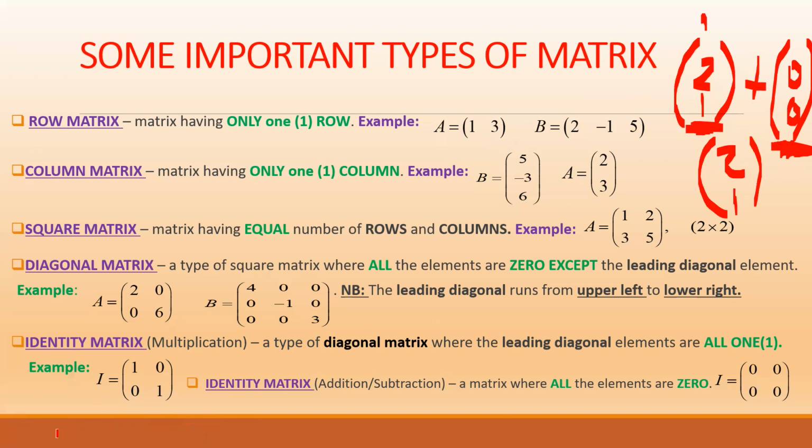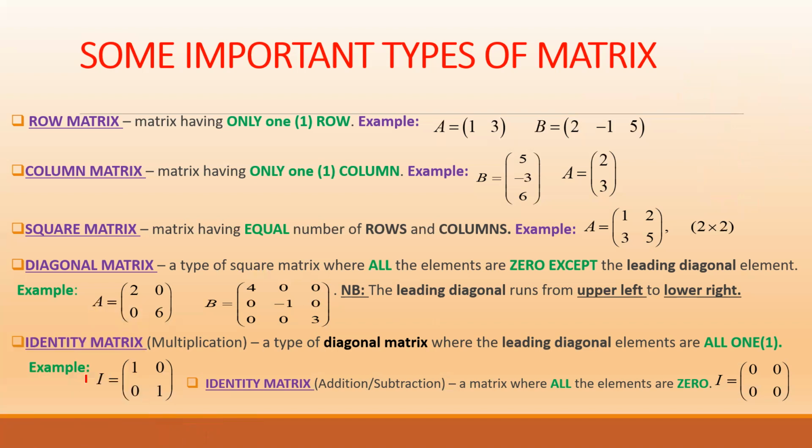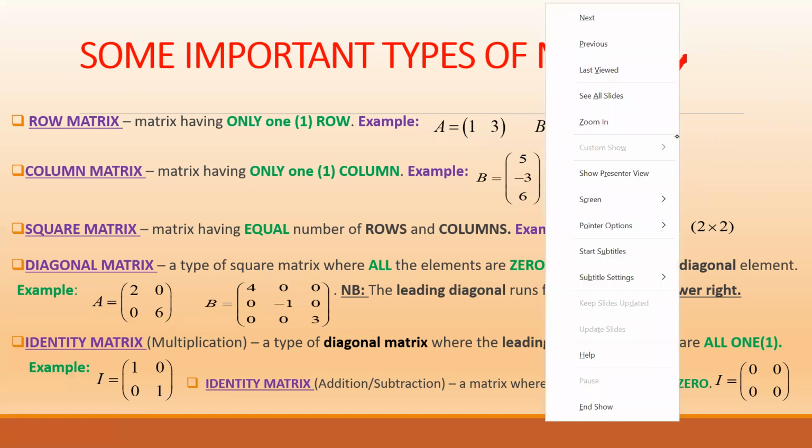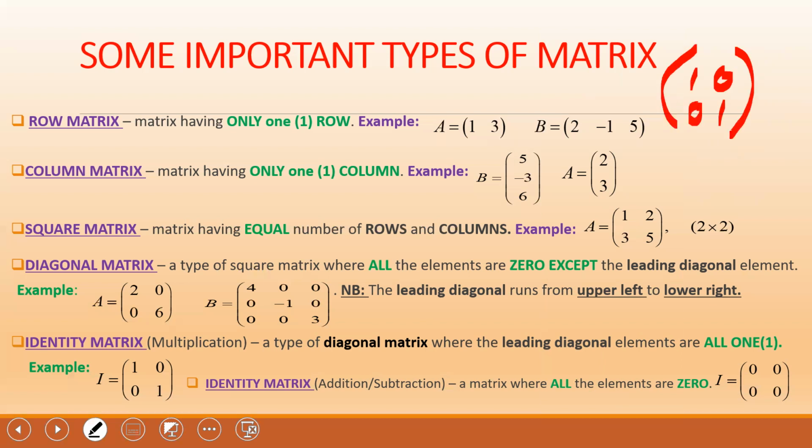Okay, guys, so that's pretty much what I'm saying as it relates to the identity matrix for addition and subtraction. And for multiplication, it is saying that if I have the matrix 1, 0, 0, 1, and I multiply that to another matrix like 1, 2, 3, 1, it means that I'm going to get back the matrix that I multiplied the identity matrix to, which is 1, 2, 3, 1.